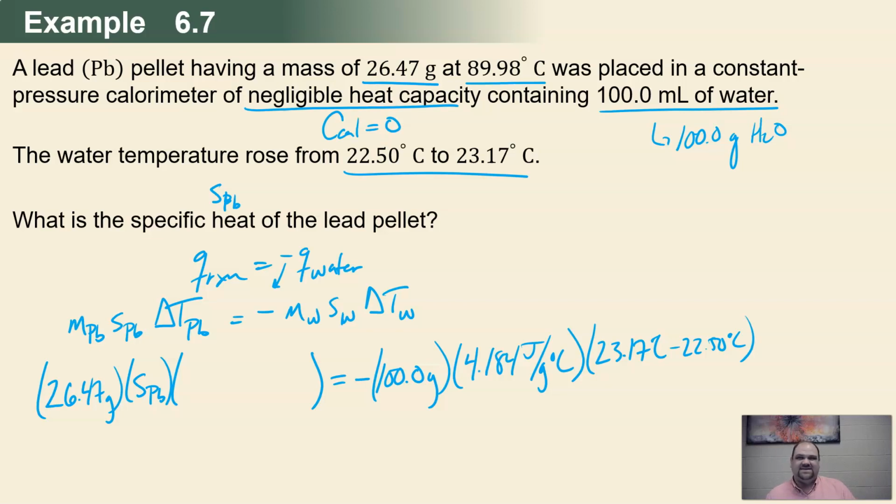Again, at the end of the process, that final temperature for the lead has to be equal to the final temperature of the water because they're together. The lead is inside the water. And so they have to have the same final temperature. 23.17 here is my TF, my final temperature for the lead. But I started at 89.98 degrees C.